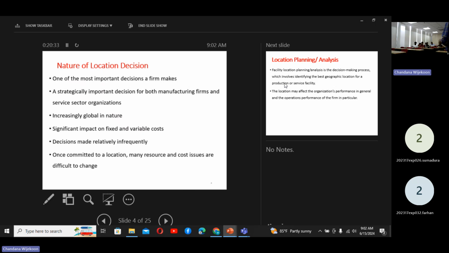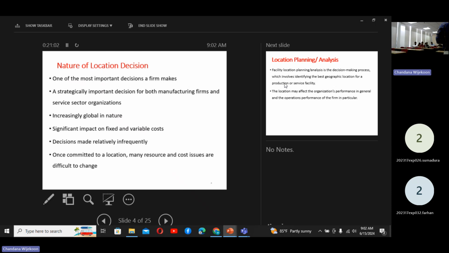And now, current market situations and economic conditions have resulted in location decisions being made not only within a country, but within a region or considering other regions as well. It has become a global decision now for most large scale, multinational businesses.